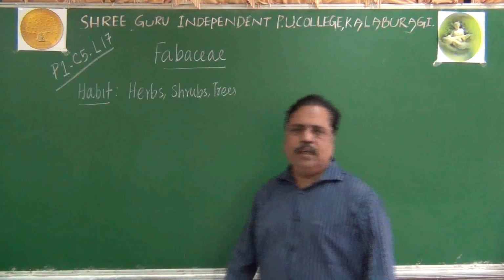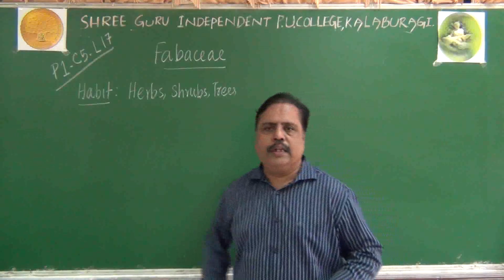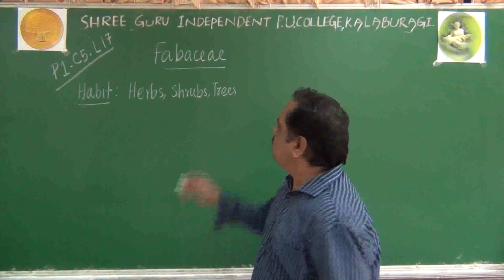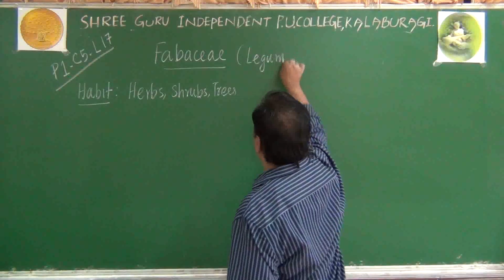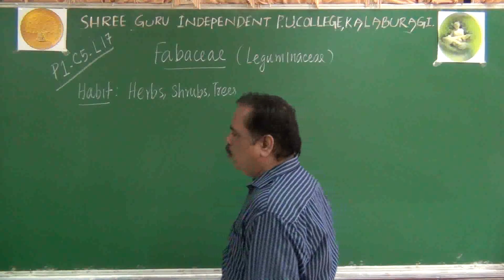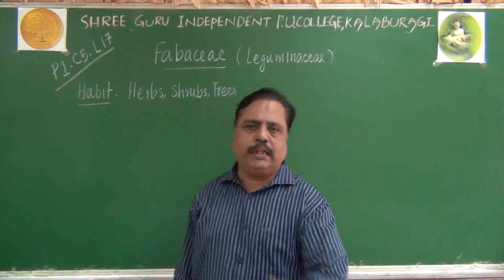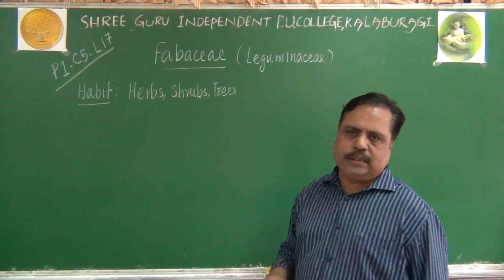So all the three varieties of plants could be observed in the Fabaceae, which is also known as Leguminosae. Why it is called Leguminosae, we will see now.